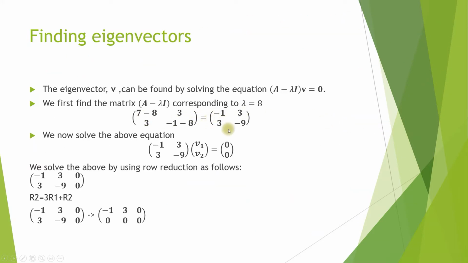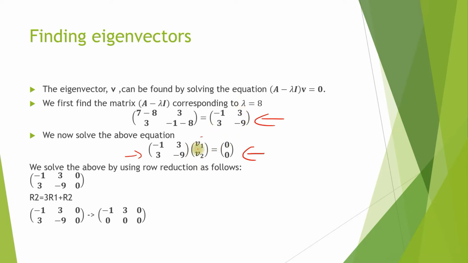So we have -3, that's already explained here, right? I've already explained that. And then you are going to multiply the matrix A minus lambda I for lambda equal to 8 by the vector, and you set it to 0. That's what I do here. And then we just need to find the v1 and v2.